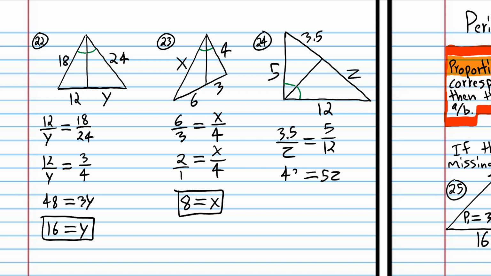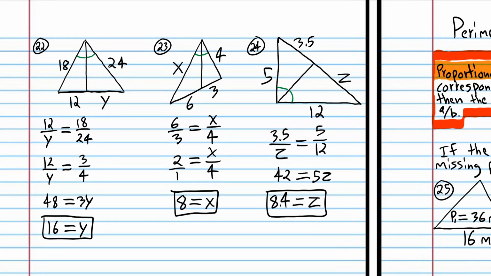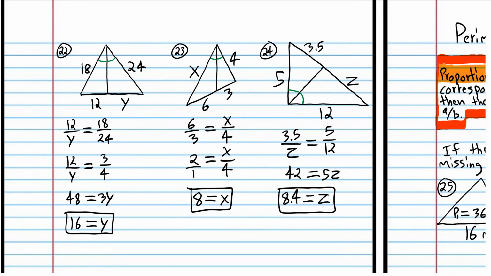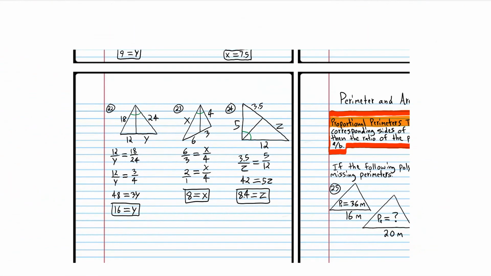That's 42. And then divide 42 by 5. I'm just using my calculator as I go here. And there we go. So if you got that answer, good job. If you made a mistake, that's okay. Just go back and figure out what you did wrong.